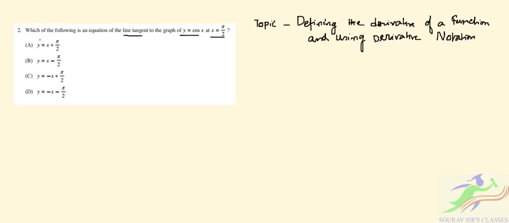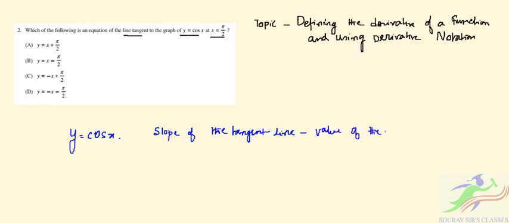Now here it is given: which one of the following is an equation of the line tangent to the graph y equal to cos x. So y equal to cos x is the equation, and the slope of the tangent line is nothing but the value of the derivative at x equal to pi by 2.